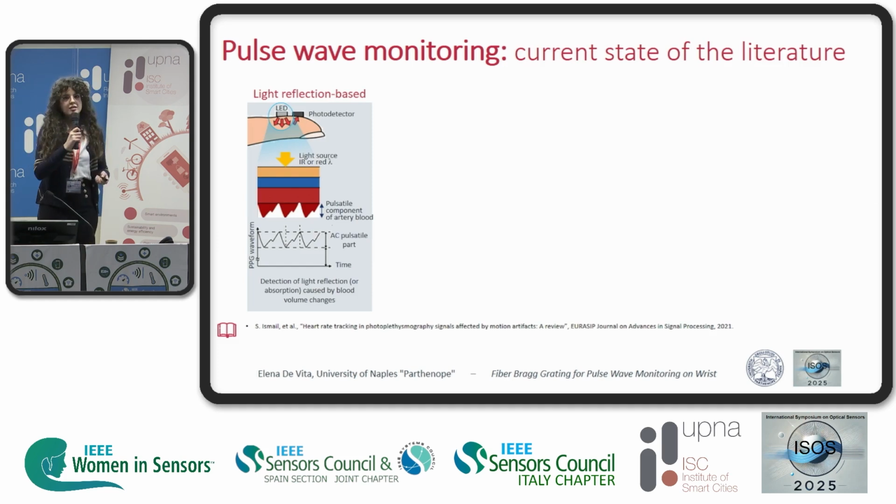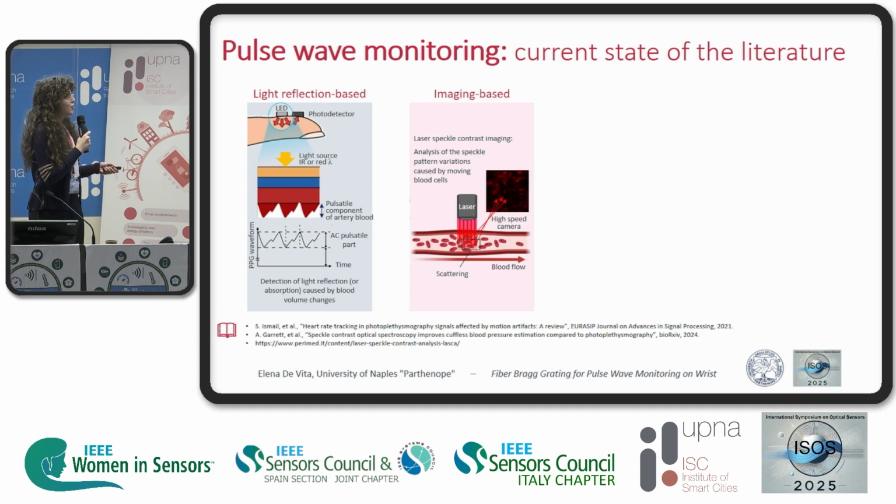But in the literature, there are many other solutions. Photoplethysmography in different configurations, which is mainly based on an LED and photodetector to measure the variations of the light absorption and reflection with the blood volume changes.